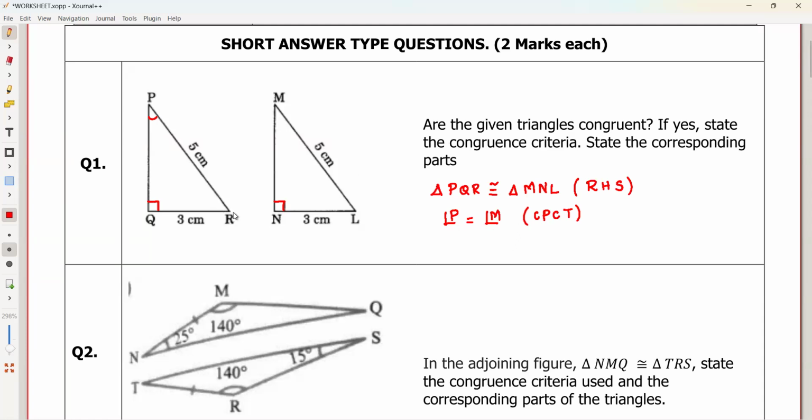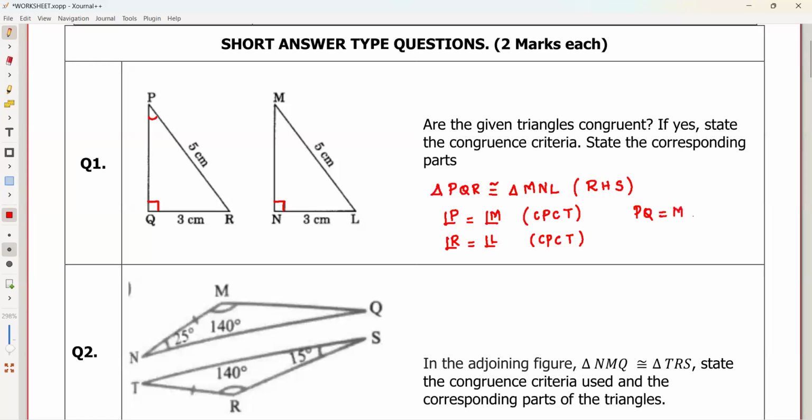Okay, next, what can you say about angle R and L? Angle R and L, both are equal. This is also equal, sir. CPCT. Next, what is missing?